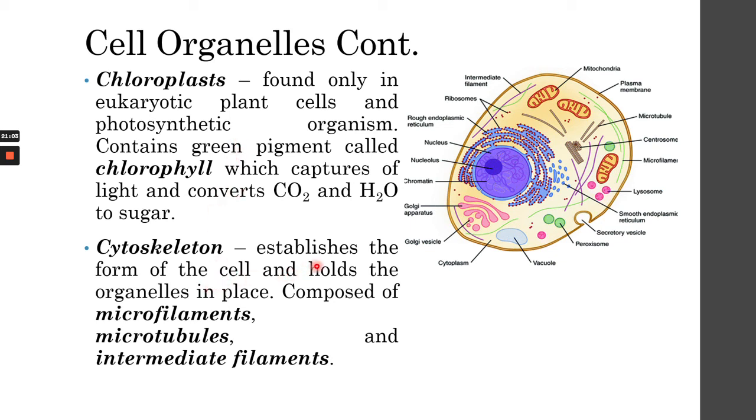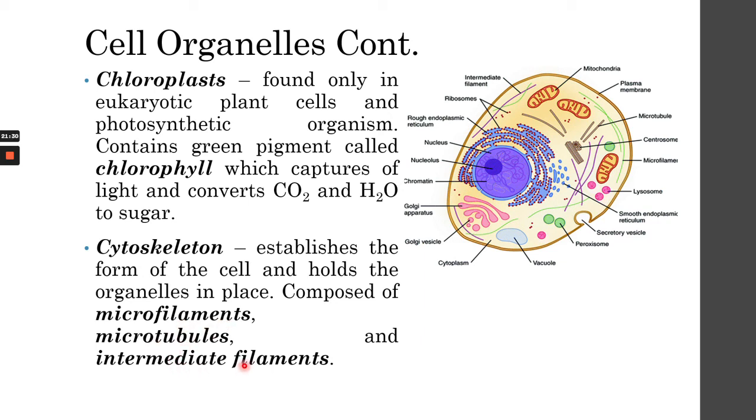Next, cytoskeleton is responsible for establishing the form of the cell. So you can think of it as the skeleton. If humans have skeleton, cells must also have skeleton. Remember cytoplasm, which is the fluid inside the cell. Inside that fluid, we can find the skeletons, and it's mainly made of microfilaments, microtubules, and intermediate filaments.